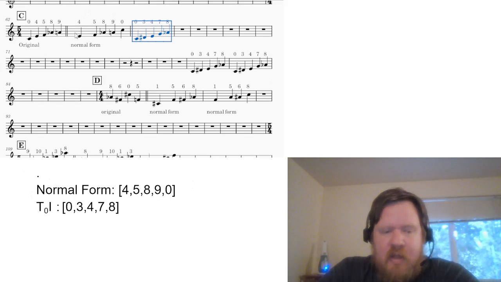So that's our normal form, 4, 5, 8, 9, 0. So then we just figured out the inversion, which another way of saying inversion is T0i. T0, we didn't transpose anything, all we did was invert every pitch in this pitch class set, and then we put it in normal form. So here's T0i, or just the inversion of this pitch class set. You know what I mean?